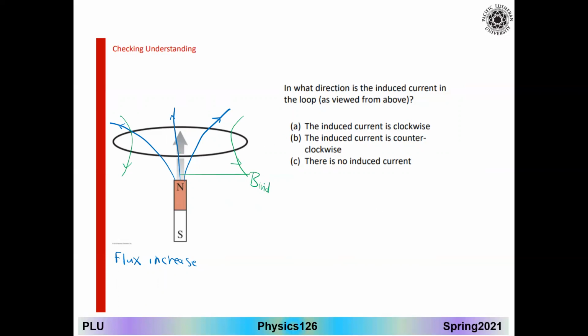Where is it going to be pointed? Is it going to be pointed down? Using the right hand rule, we will find the direction of the current will be counterclockwise. The answer will be B. Just more practice for Lenz's law.